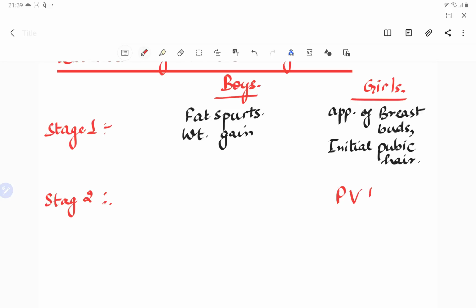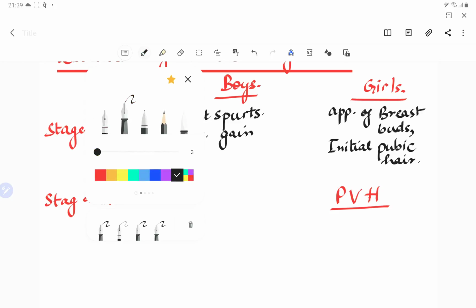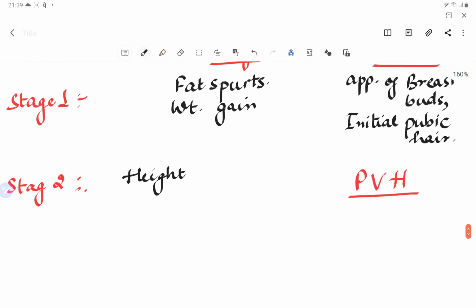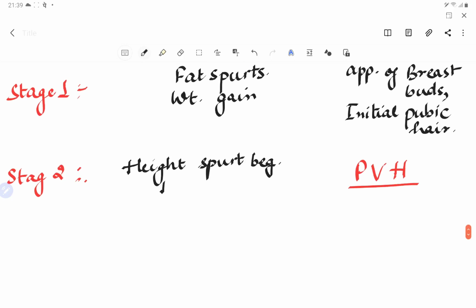So peak velocity of height is seen at stage 2 for girls, and for boys it is the height spurt beginning. There is also a reduction in the feminine fat distribution, and pubic hair growth is seen.